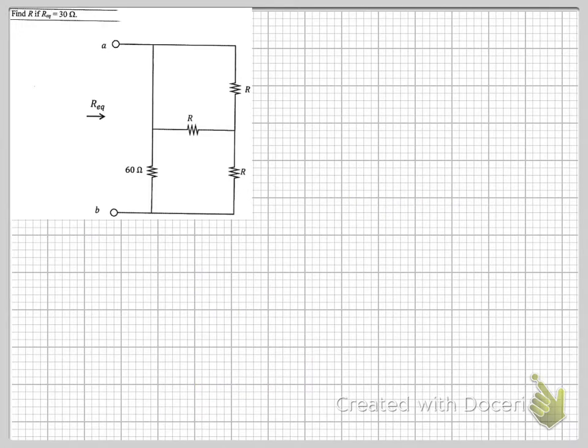So the next question says determine R if R equivalent is equal to 30 ohms. So looking at this, you have one node there, a second node there, and a third node there.